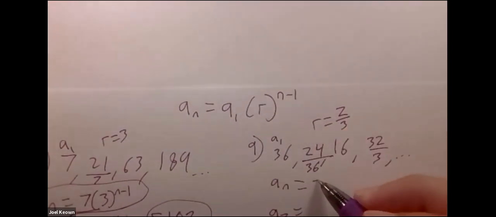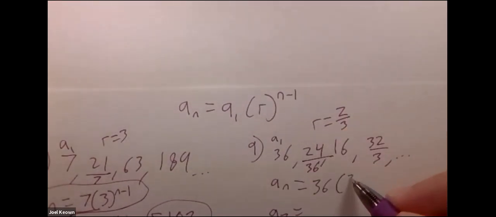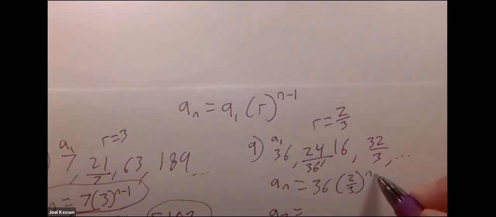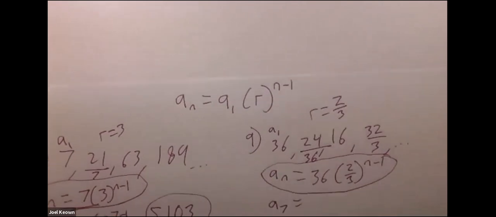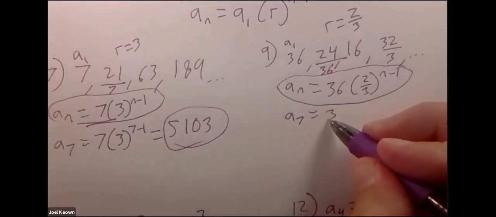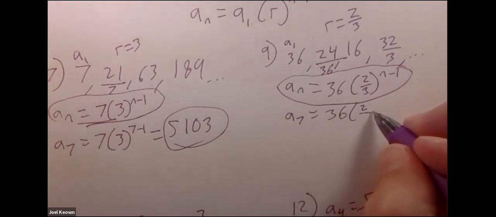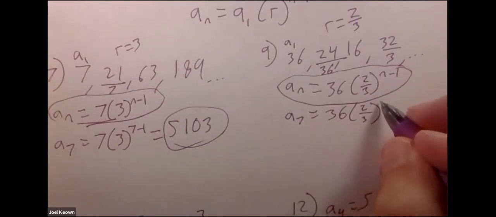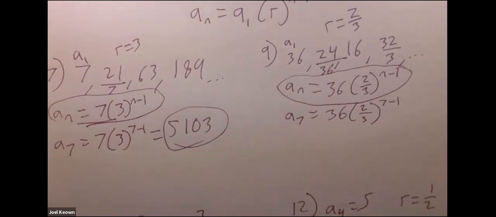And of course, there's my a sub 1, so I can plug in and say this is 36 times 2/3 to the n minus 1. There's our rule. And then say, well, I want to find the 7th term. So 36 times 2/3, plug 7 in for n, 7 minus 1. On my calculator, I'm going to type in 36 parentheses 2/3, alpha y.